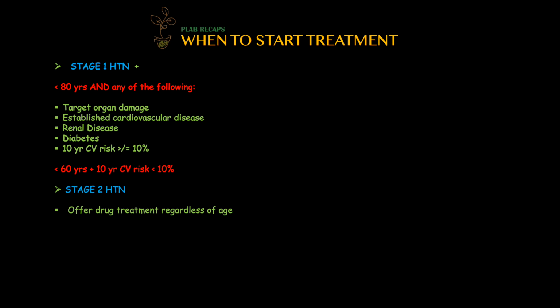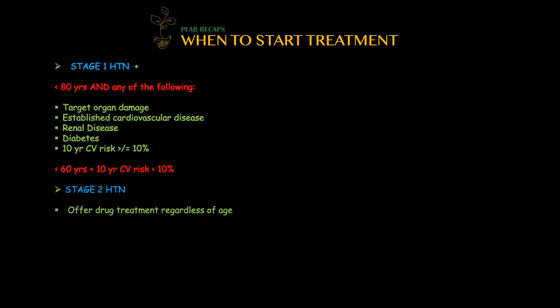If the patient is young, for example less than 60 years, and their 10-year cardiovascular risk is less than 10%, it still indicates you to start the patient on some type of antihypertensive medication.